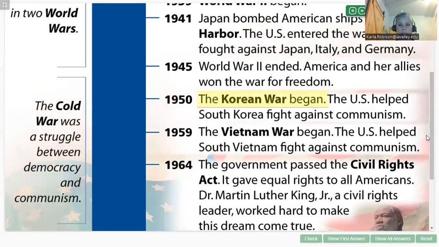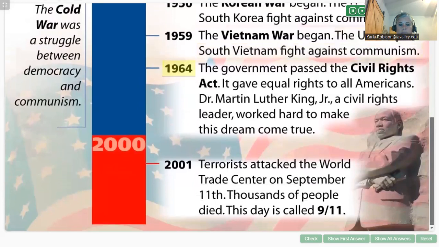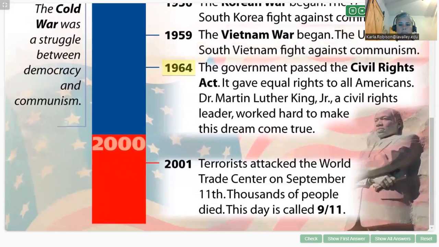1950. The Korean War began. The U.S. helped South Korea fight against communism. 1959. The Vietnam War began. The U.S. helped South Vietnam fight against communism. 1964. The government passed the Civil Rights Act.